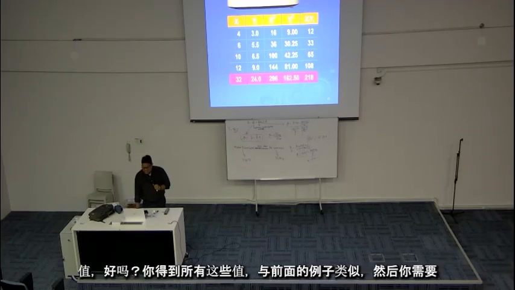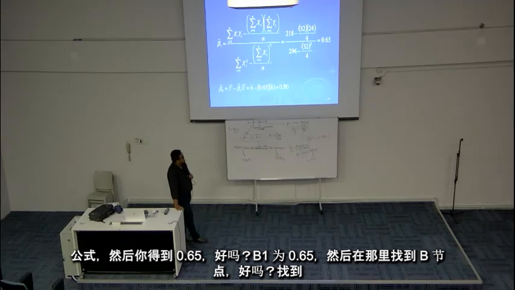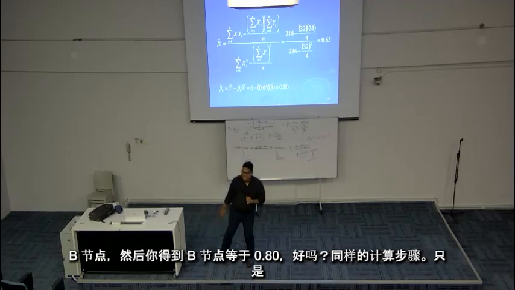Alright, so you get all these values, similar to the previous example, and then you need to plug all the values into the formula. You use this formula, and then you get 0.65 for the B1, and then find the B naught, and you get B naught is equal to 0.80.